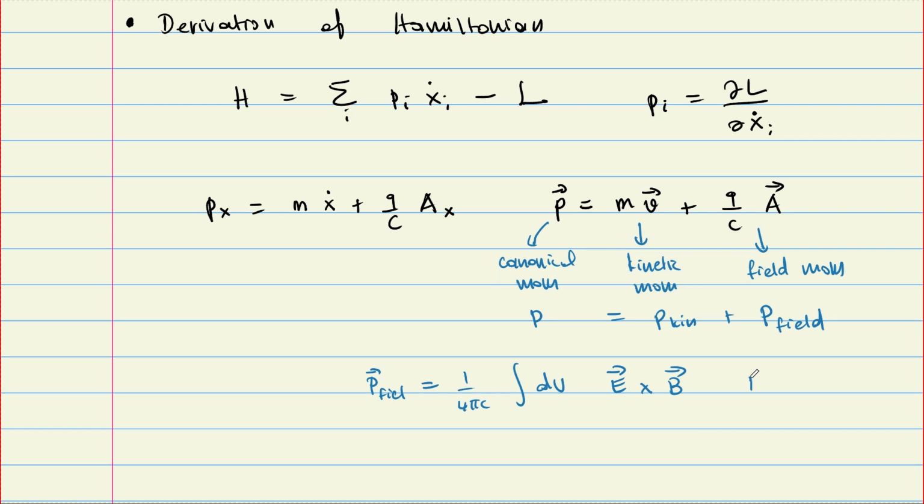This is what we call the Poynting vector in electromagnetism, and if you integrate that, that's the momentum of the field.